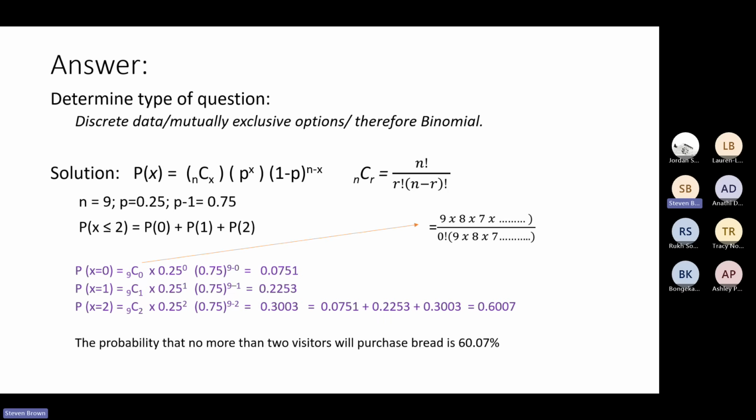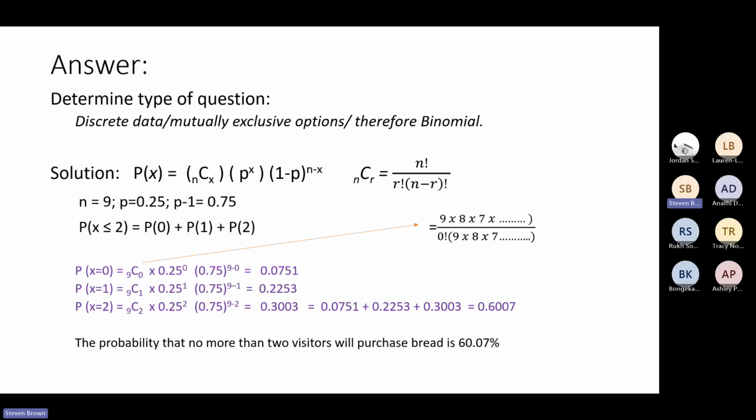You don't have to sit and sweat over all these factorials. Remember, 0 factorial is not 0, 0 factorial is 1. Why is it a 0? Because we're starting with 0 people. Then we move on to the first person, because remember what the question is: no more than 2. So that's 0 people, 1 person, and 2 people. Now we're finding the probability of 1 person.